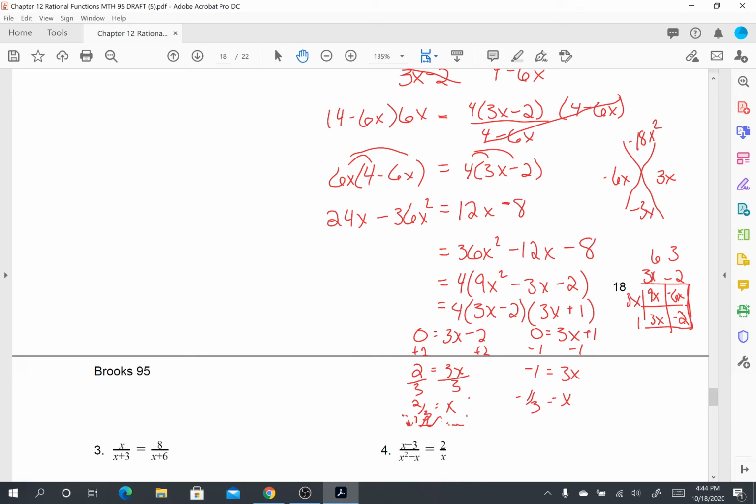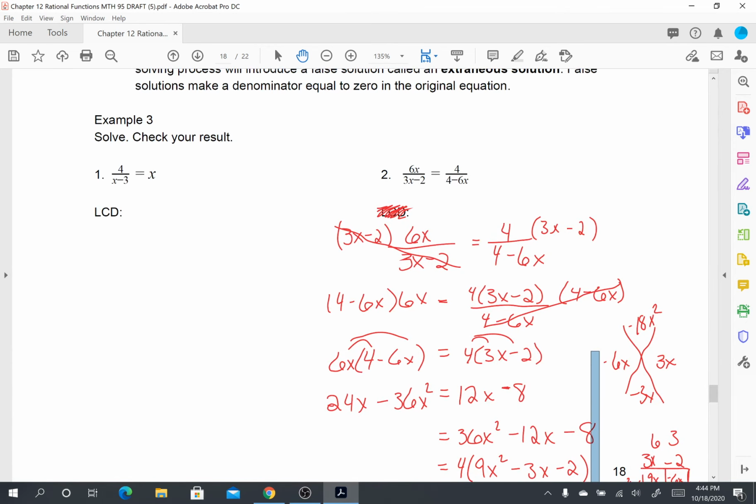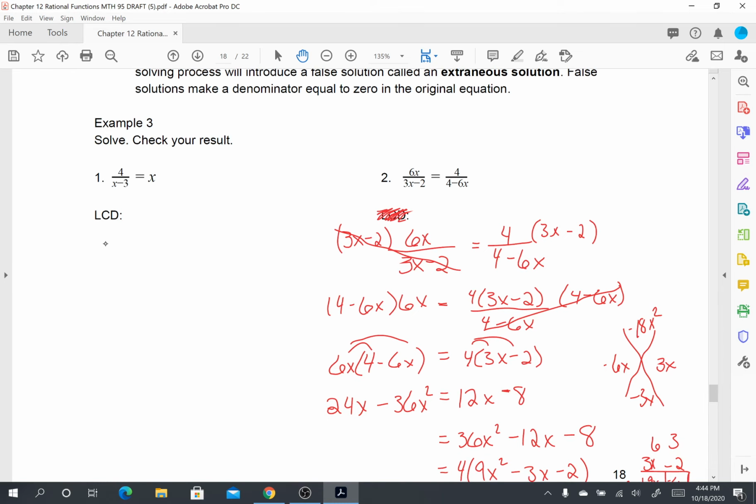So let's see if 2/3 was also an answer, because in our other method, it wasn't found. So let's see. Was 2/3 an answer to this? 6 times 2/3 over 3 times 2/3 minus 2.